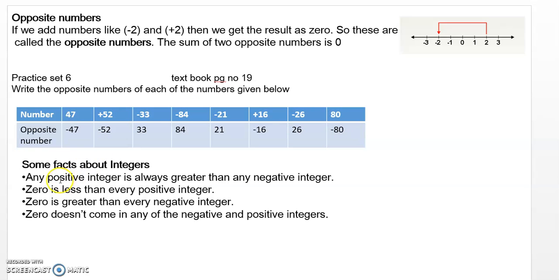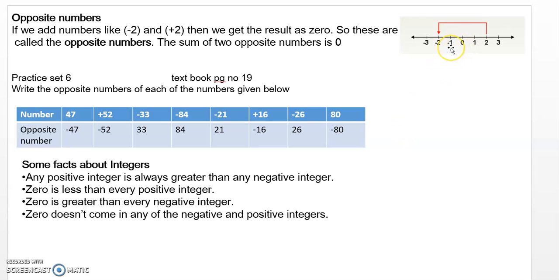Now some important points you have to remember. Any positive integer is always greater than a negative integer. Positive integer 1 and minus 1, which is greater? 1 will be greater. 0 is less than every positive integer. If you compare 0 and 1, or 0 and 2, 0 is less and 2 is greater. 0 is greater than every negative integer. That you have to remember.